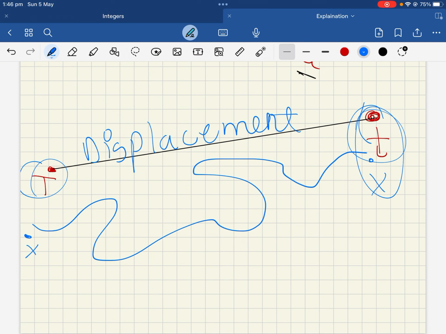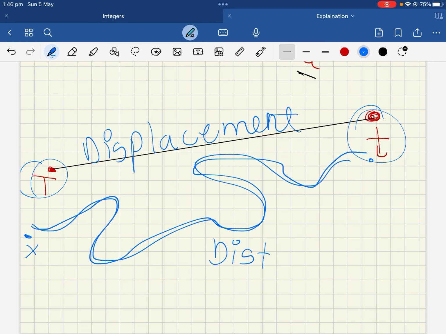and place T. Let us get rid of place X, and we have point X, and this is a road all curvy and all. This is distance. This displacement is also a distance, but displacement is the shortest distance.